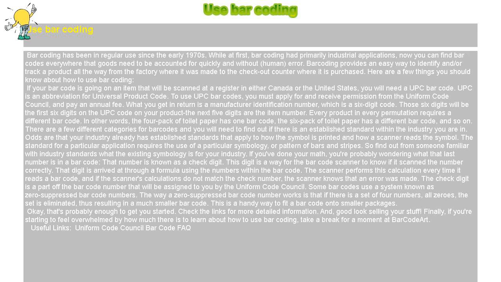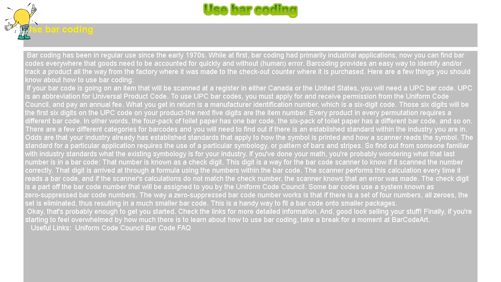The scanner performs this calculation every time it reads a barcode, and if the scanner's calculations do not match the check number, the scanner knows that an error was made. The check digit is a part of the barcode number that will be assigned to you by the Uniform Code Council.